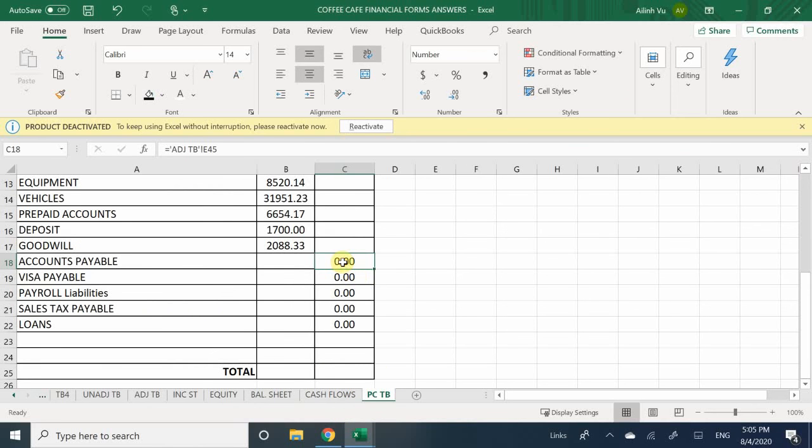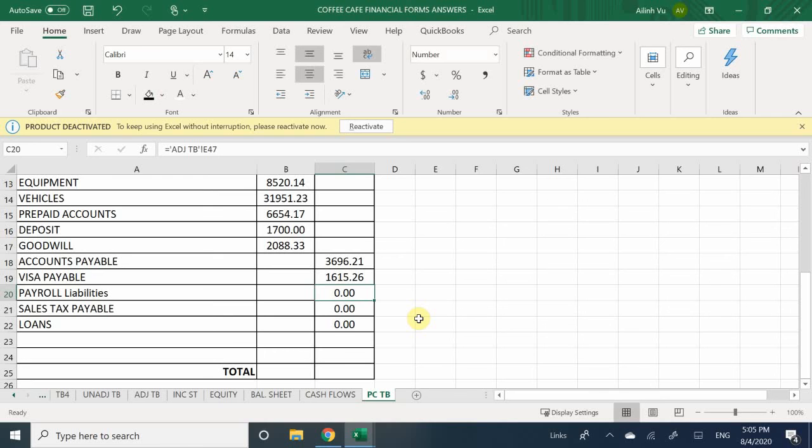So let me see my post-closing trial balance. The total number I have in my accounts payable is $3,696.21. My total Visa payable is $1,615.26.